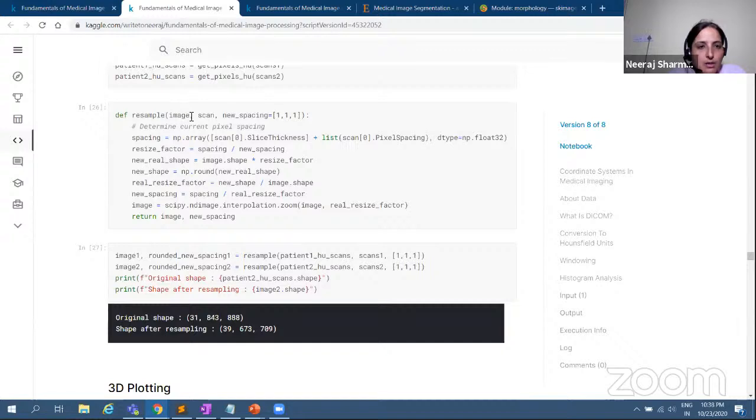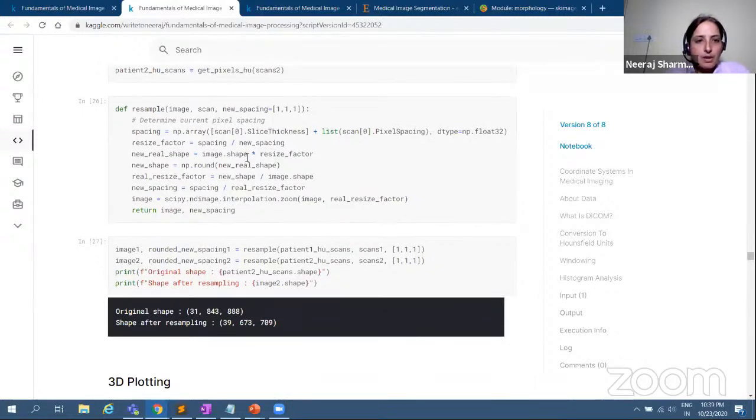The image is the HU converted scan, the scan is the original raw value, and this is the new spacing in millimeters. We take the old, or current, spacing and divide it by the new spacing, so we get a resize factor.